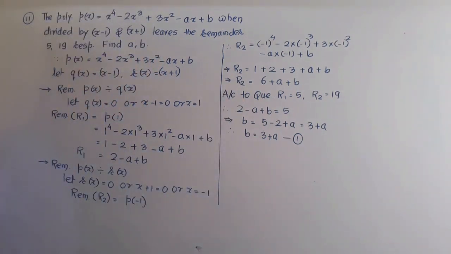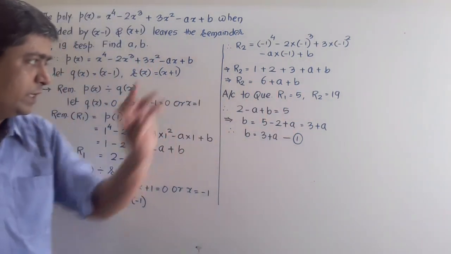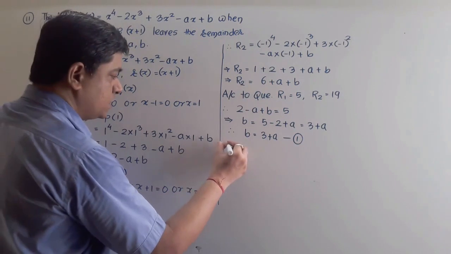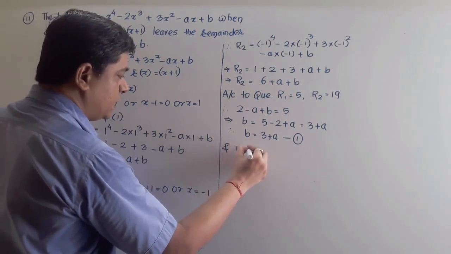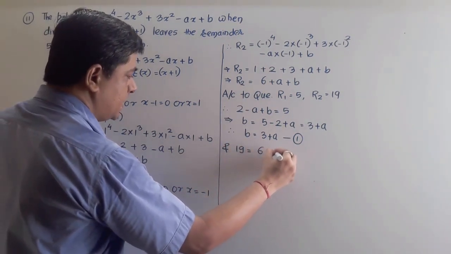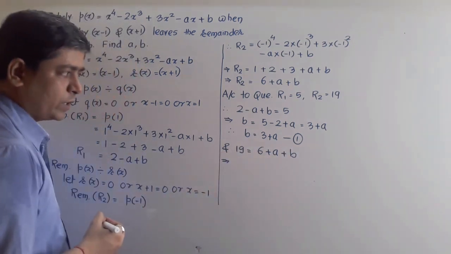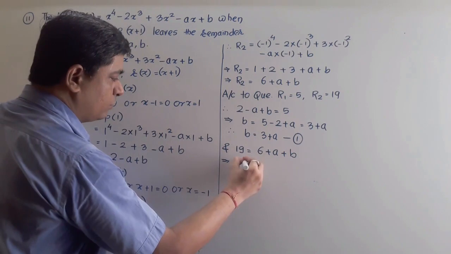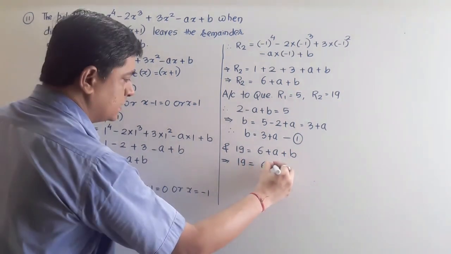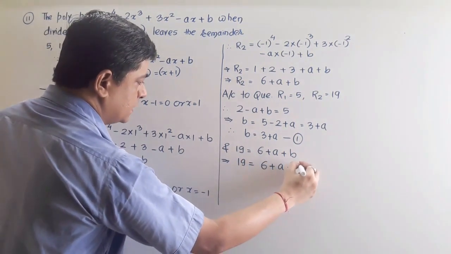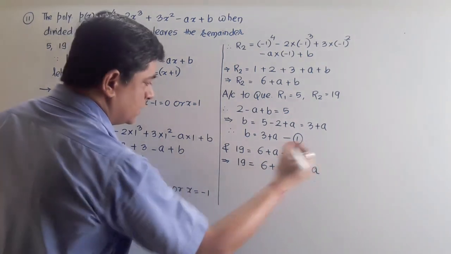And similarly, the value of R2, if I keep it here, I can say 19 will be equal to 6 plus a plus b. Put in the value of b also. So 19 is equal to 6 plus a plus 3 plus a, right?